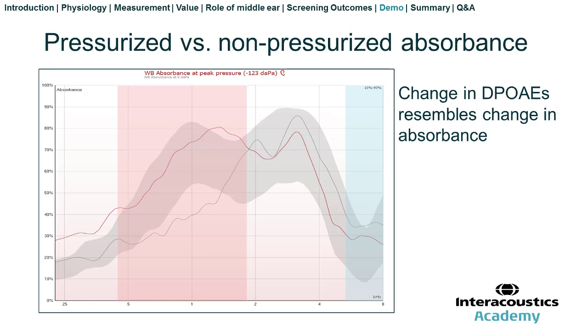And it's the same concept as the distortion product emission when it was obtained at peak tympanic pressure as opposed to when it was obtained at ambient pressure. And so for those that aren't familiar with absorbance, it's simply the amount of energy transmitted through the middle ear en route to the cochlea.